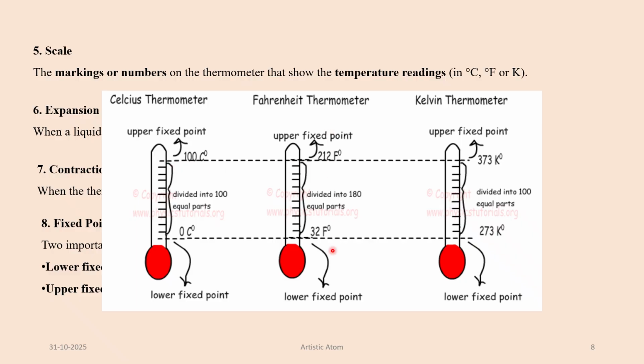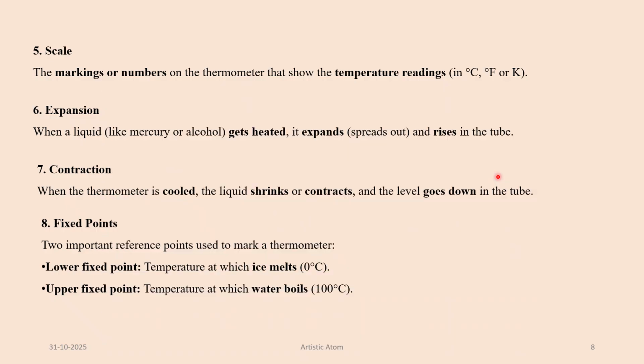Similarly, for Fahrenheit, the lower fixed point is 32 degrees Fahrenheit and the upper fixed point is 212 degrees Fahrenheit. Same goes with the Kelvin scale. On the Kelvin scale, we have 273 Kelvin as the lower fixed point and 373 Kelvin as the upper fixed point. So these were the different vocabulary that we use while measuring the temperature and when we use a thermometer.